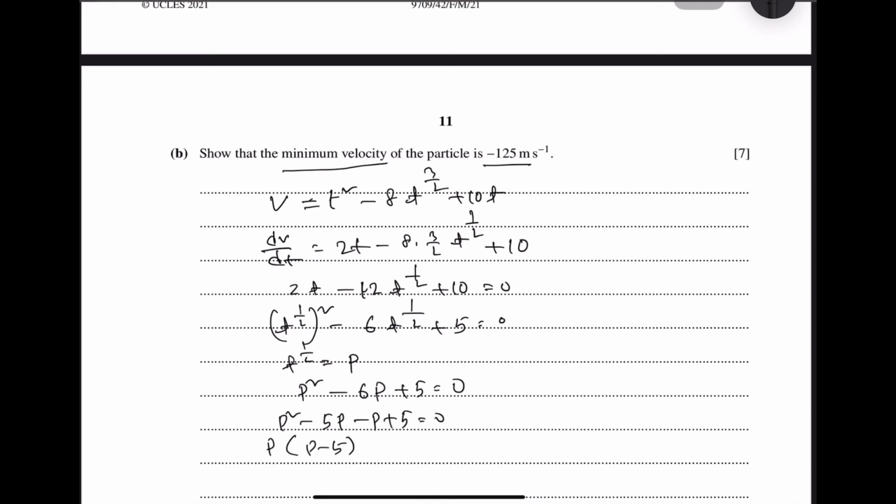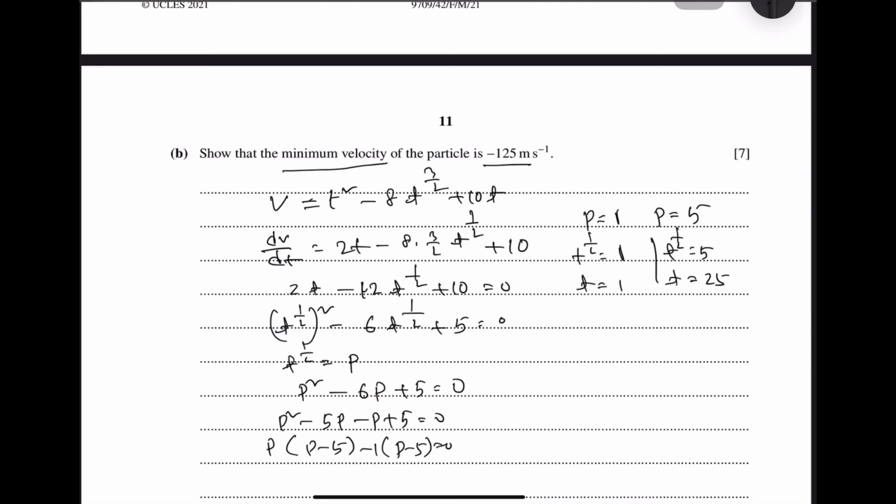P minus 5, 1, p minus 5. So p equals 1 and p equals 5. So t to the power half equals 1, t equals 1, and t to the power half equals 5, t equals 25.